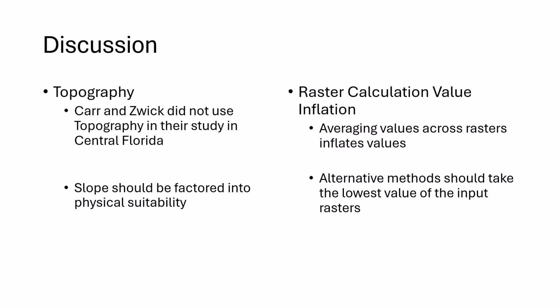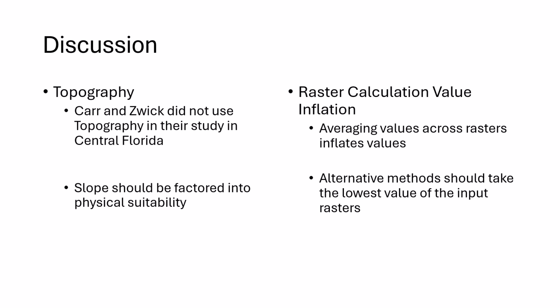Now, I do want to talk about 2 areas that I think are major issues with this analysis and cause it to be somewhat inaccurate or not a good representation of the real world. Number 1 is the lack of topography used in the analysis.